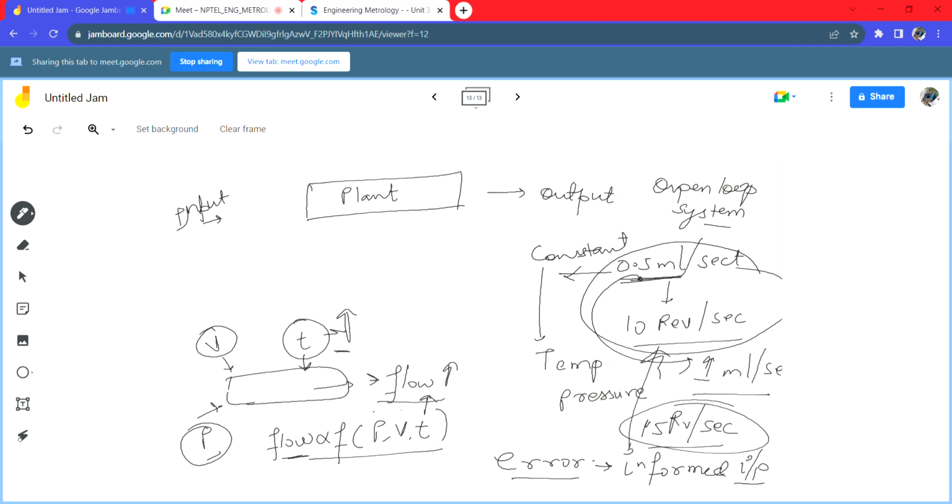So there comes in a feedback loop from the output to the input, and we start to reduce this value from 15 to 10, and for doing that we have to reduce the flow by 0.5 ml per second.